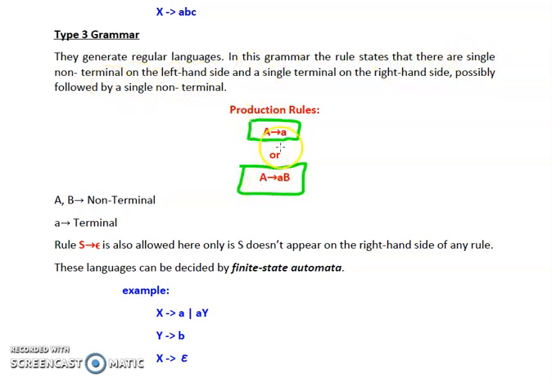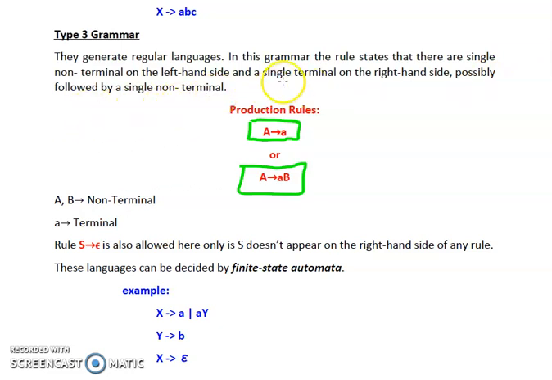So, on the left hand side we are having single non-terminal that is represented using capital A and a single terminal on the right hand side. So, in the first rule we have a single terminal on the right hand side. But after this it is also written that there can be one more condition, that possibly followed by a single non-terminal.